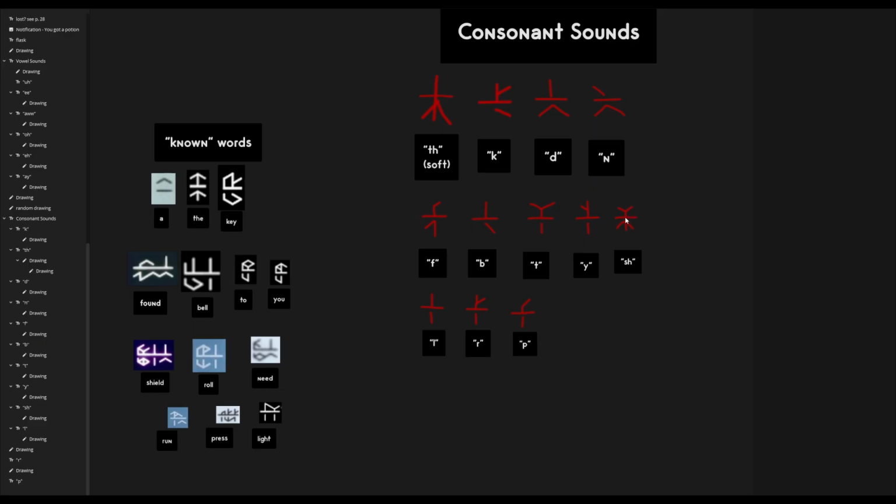I bet you anything that this is a combination of an S and an H somehow. S. See, this is fun to me. That is an S.